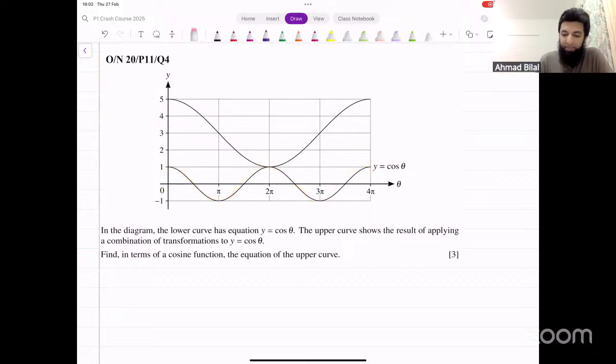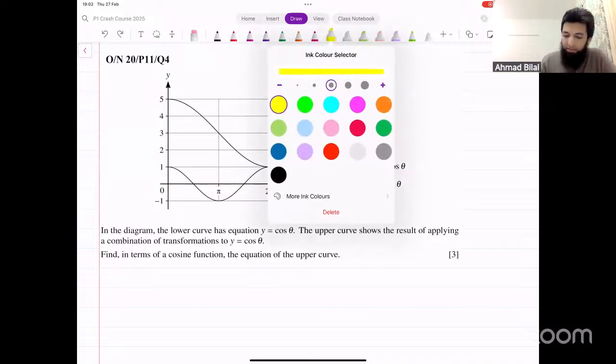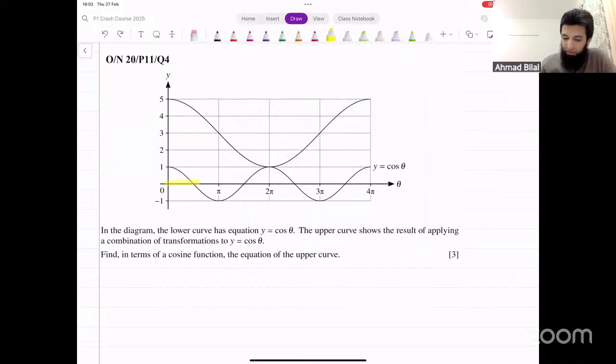The baseline is at 0 in the original graph, the x-axis. What happens when this is transformed to this other graph? What's the baseline of that second graph? The highest point is 5, the lowest point is 1. The baseline is going to be exactly in the middle of those 2 points. That means it's going to be at 3. So the baseline is going up by 3 units.